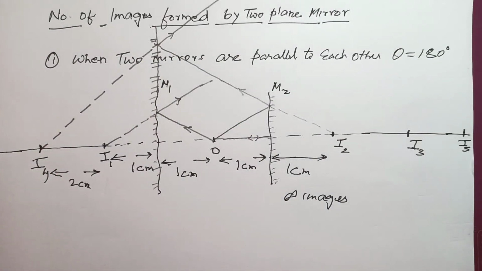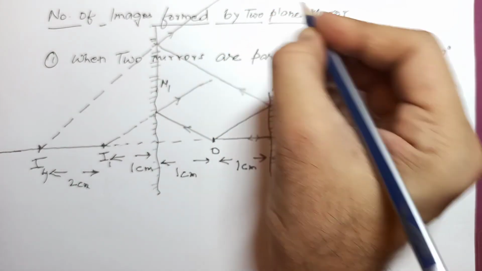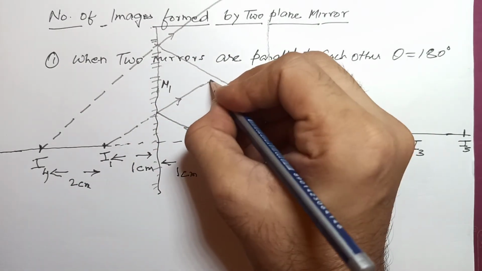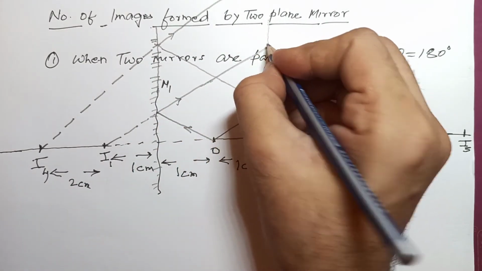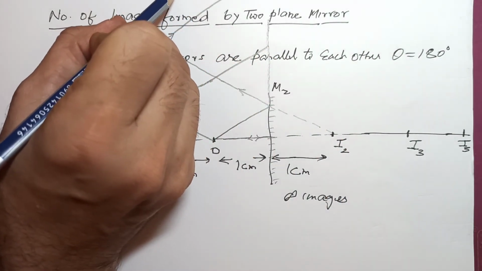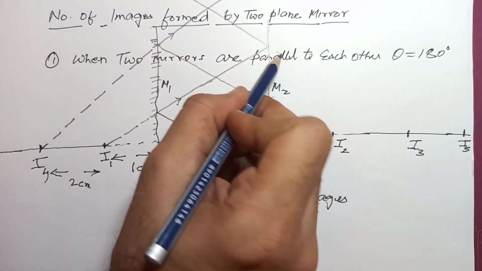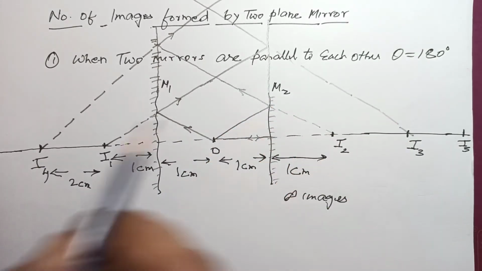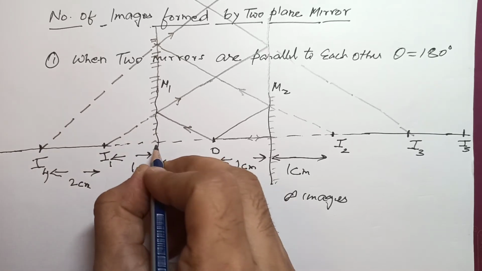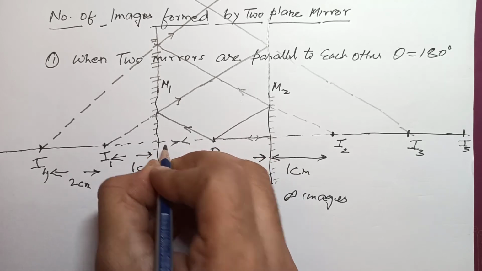If I draw this mirror as well, this ray will go to M2, and from M2 again it will get deflected, but we will have a feeling as if it is coming from I3, and so on. So this keeps on repeating. Also, this ray will go this way and come back the same way.